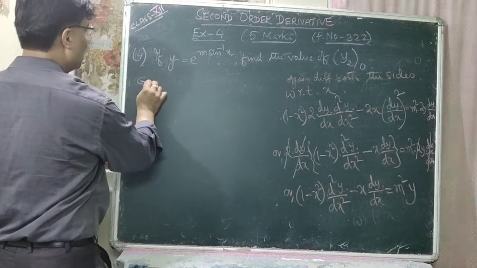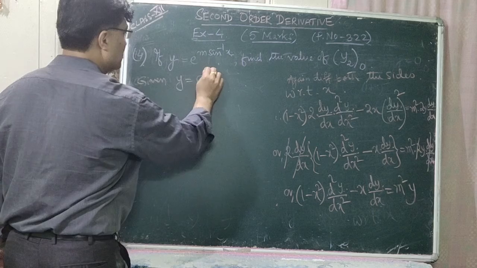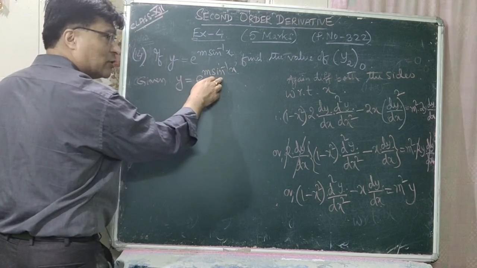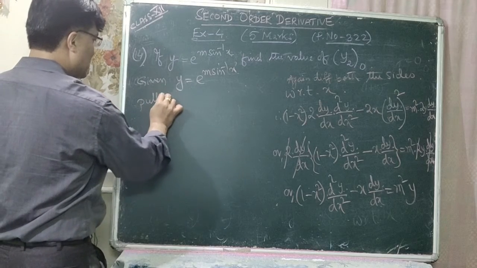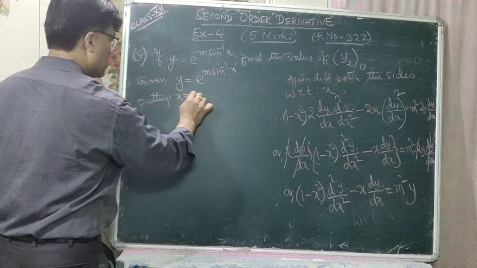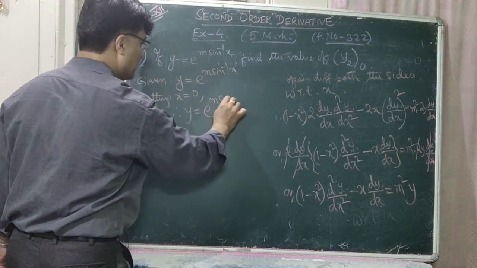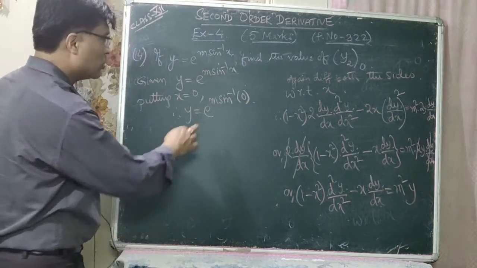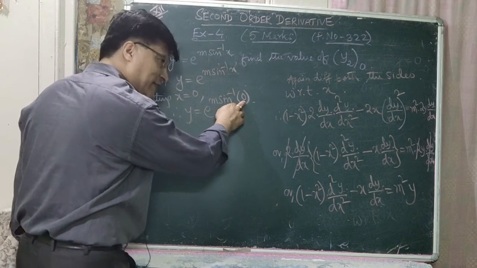Given here is y is equal to e to the power m sine inverse x. So if you put x is equal to 0 here, what is the value for y? You have to find it. So putting x is equal to 0, y is equal to e to the power m sine inverse 0, right? Sine of which angle is 0? Sine 0.